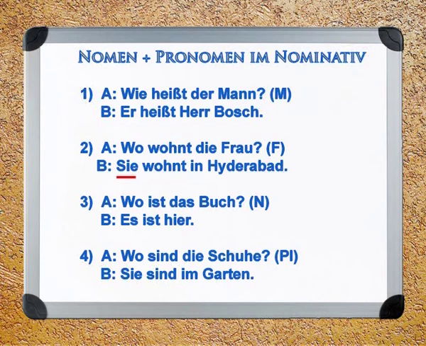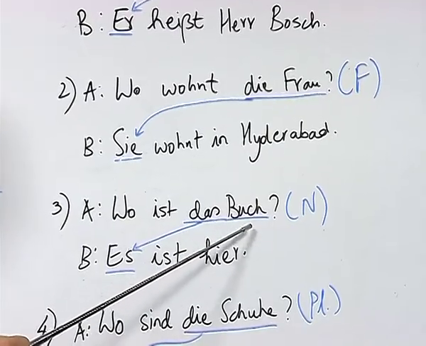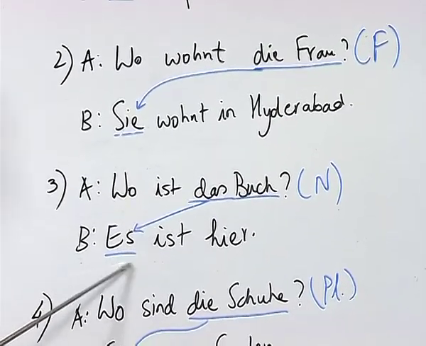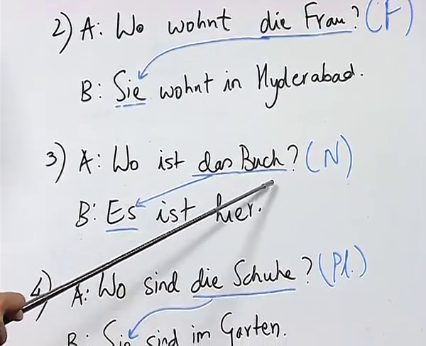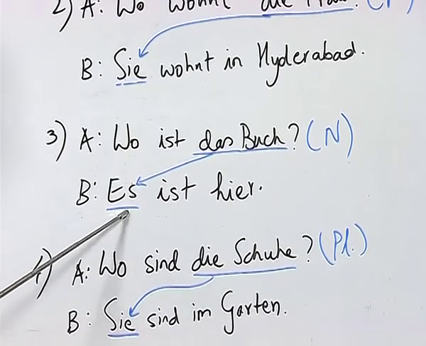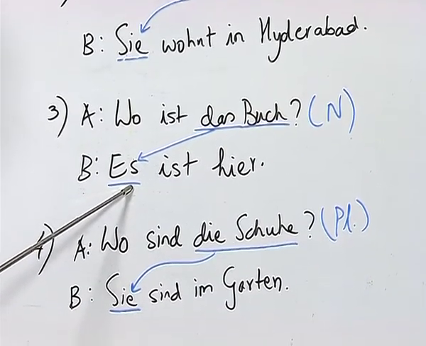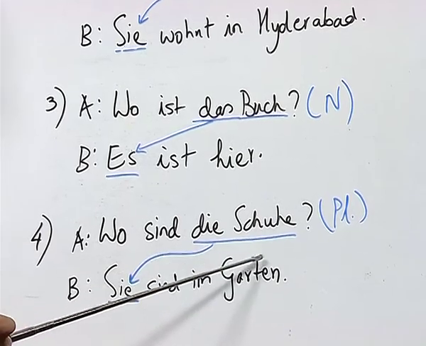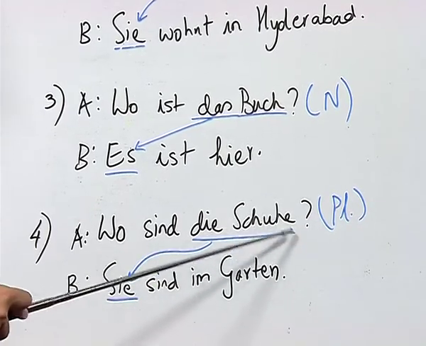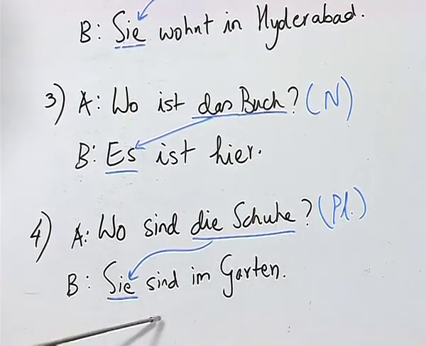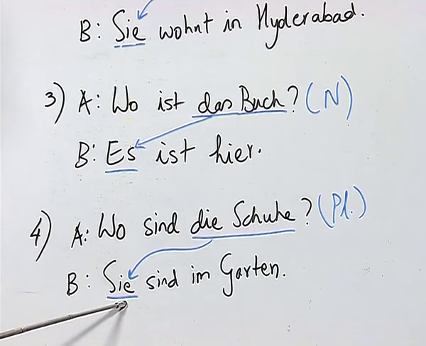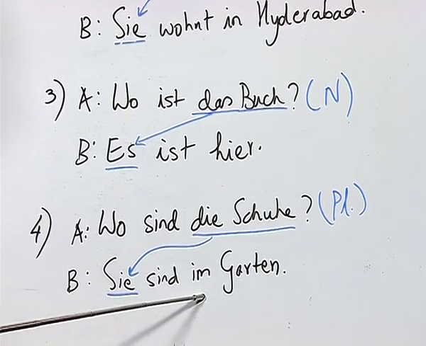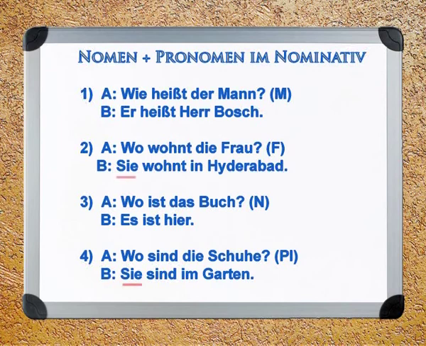Now let us look at this sentence. Wo ist das Buch? Es ist hier. The noun das Buch is replaced here by the pronoun es. Wo sind die Schuhe? Here the plural die Schuhe, the shoes, is replaced by again the plural pronoun sie: Sie sind im Garten. So you have 2 sie's here, sie in singular and sie in plural, both in third person.